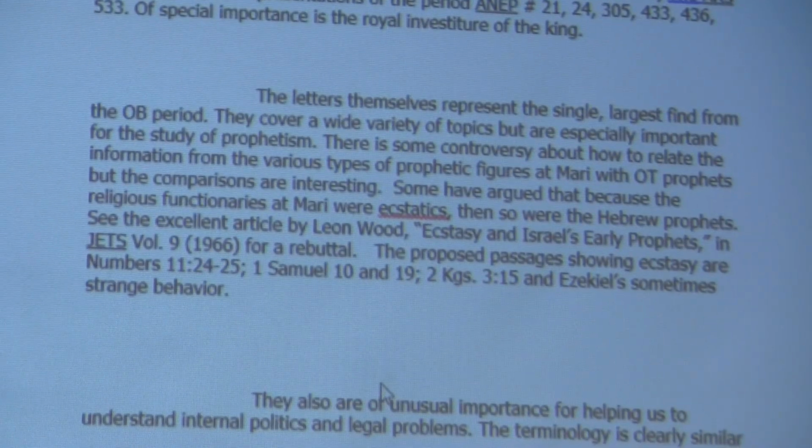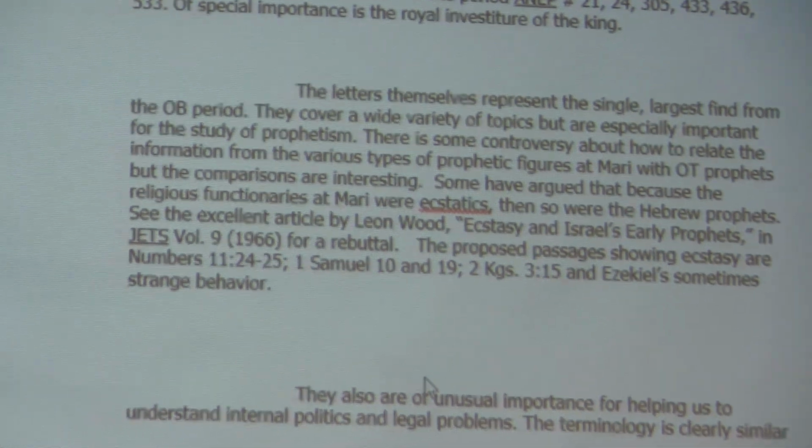Now, I only tell you this because if you do study this at a university, you're going to be told this as a matter of fact, as if it's factual. The functionaries at Mari may have been ecstatics, but it is a stretch to call them prophets.